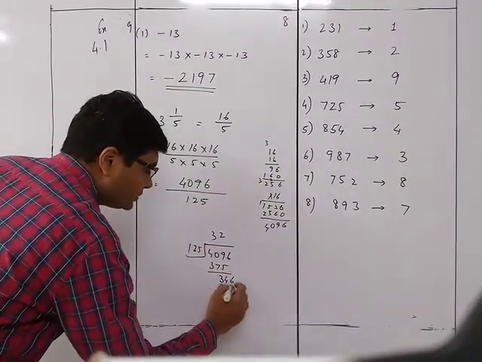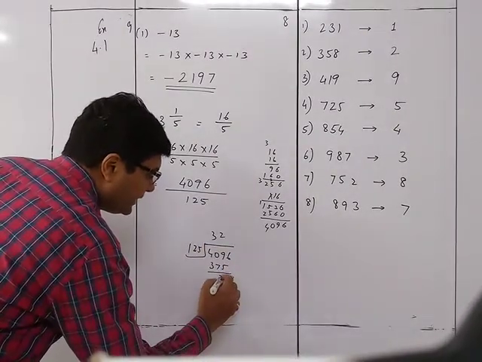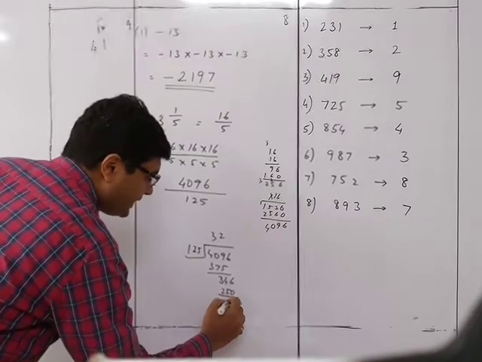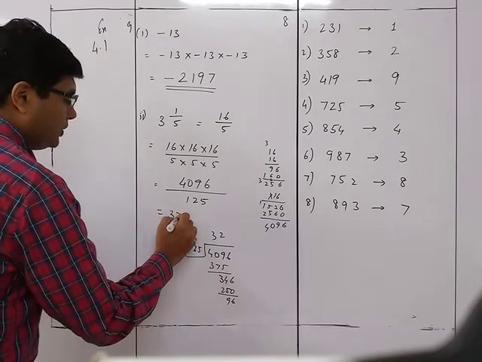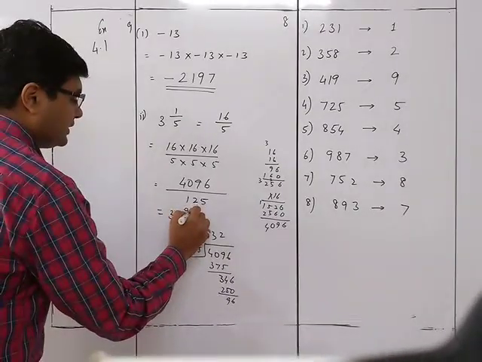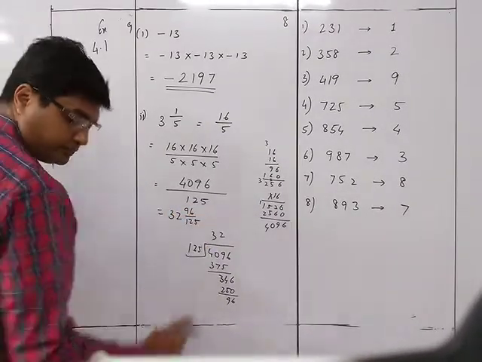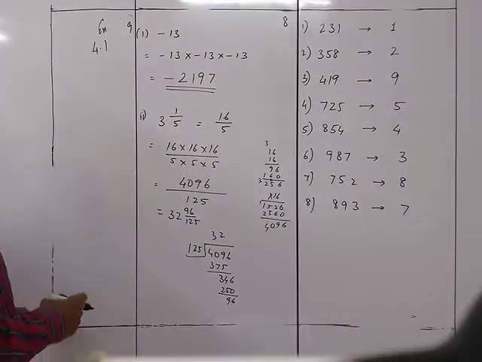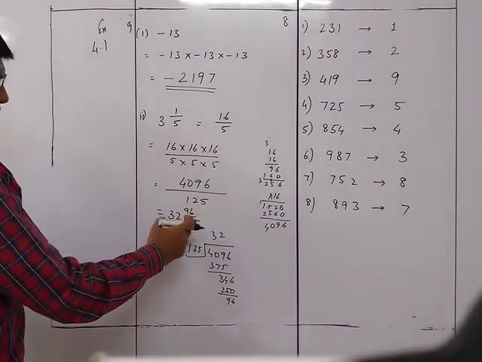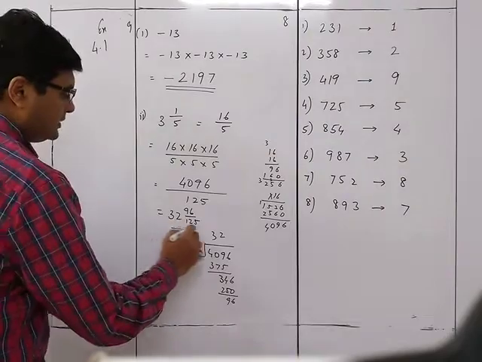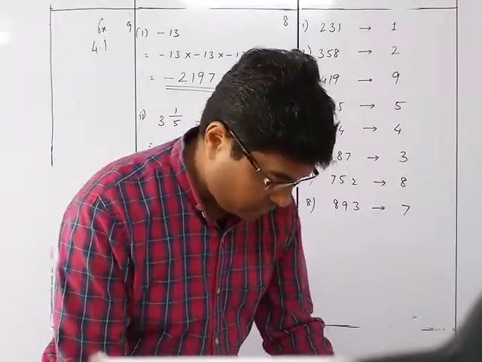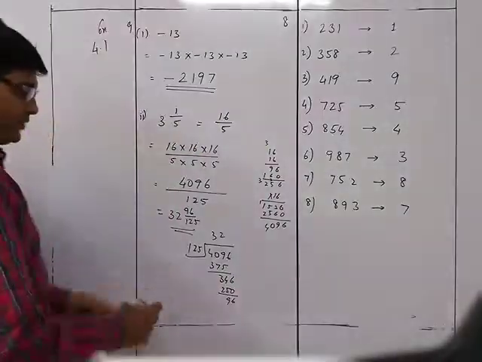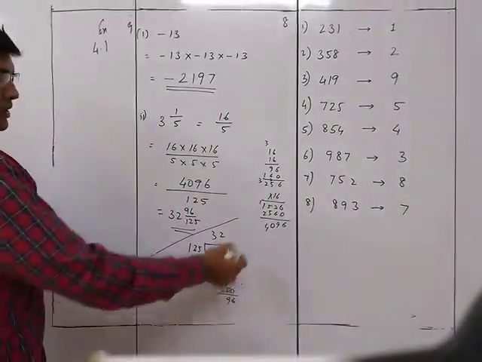So you get it here as 3296 upon 125. Now you can cancel further. No, you cannot, I think. Yeah, that's the answer. Let me check it out. So the answer is 3296 upon 125. This is a rough work.